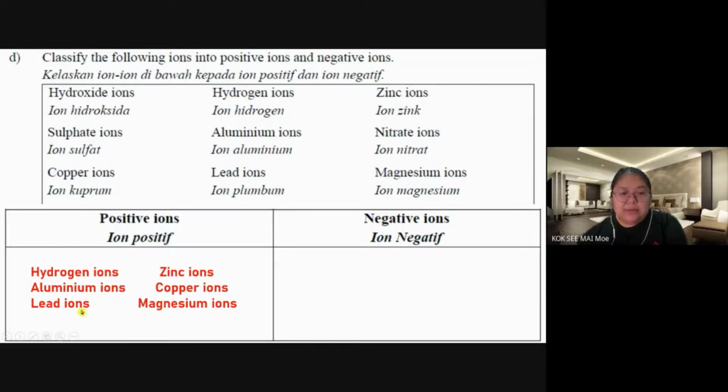Aluminium, lead, zinc, copper, magnesium, the metals, normally those are positive. Negative ones we have hydroxide, sulfate, and also nitrate. You can depend on the table. In the table we have cations and also anions, so you can see the differences.